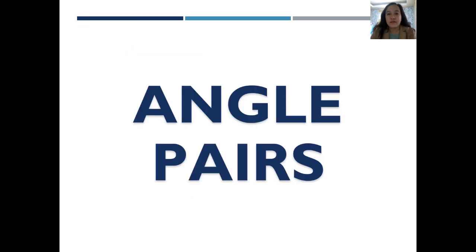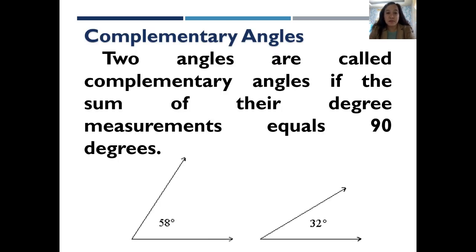Now, let's move to angle pairs. Our first angle pair is the complementary angle. Two angles are said to be complementary if the sum of their degree measurements equals 90 degrees. See the illustrative example below. A 58-degree angle is complementary to a 32-degree angle.